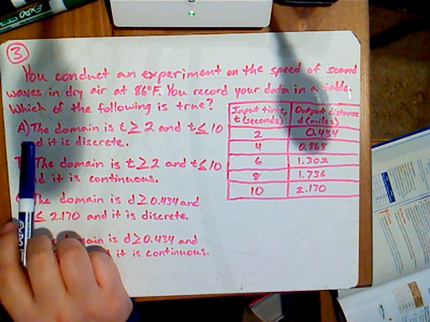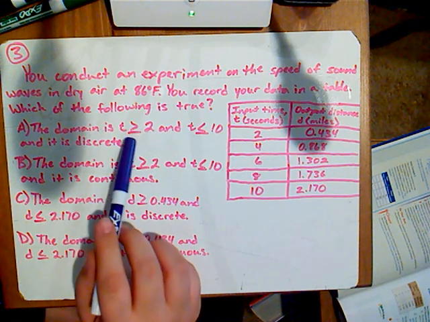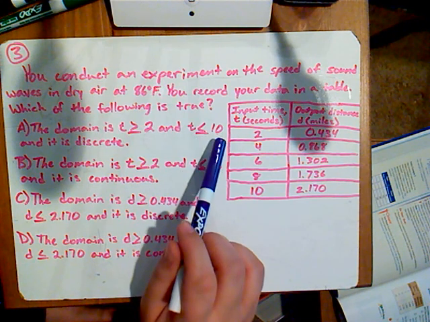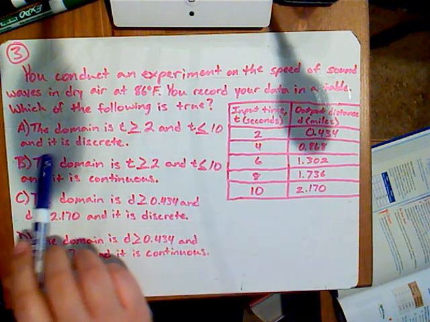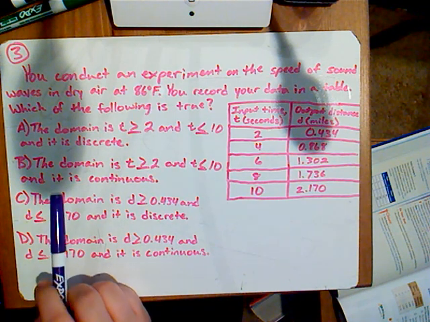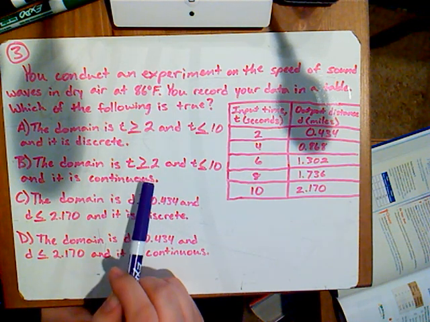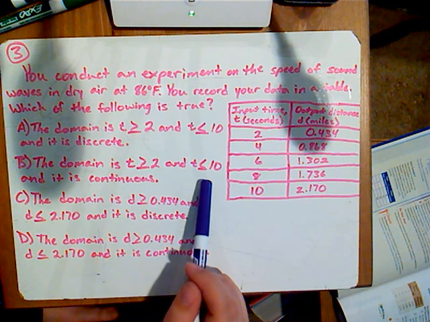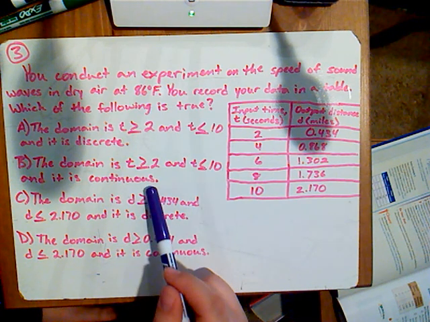So A is the domain is t is greater than or equal to 2, and t is less than or equal to 10, and it is discrete. B, the domain is t is greater than or equal to 2, and t is less than or equal to 10, and it is continuous.